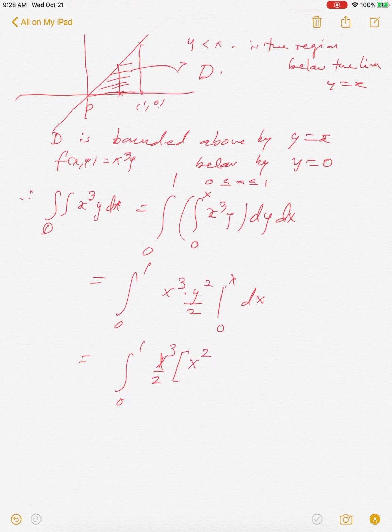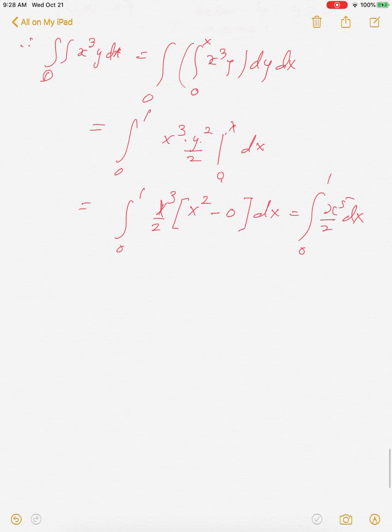When y is x, y squared is x squared, and when y is 0, this becomes 0. So this is going to be integral 0 to 1 of x to the 5 by 2 dx, which is going to be x to the 6 by 12 between 0 to 1. So the answer is 1/12.